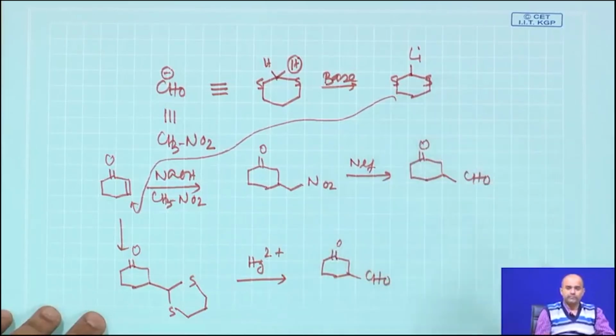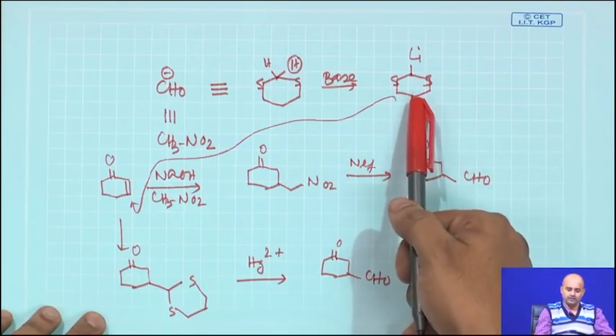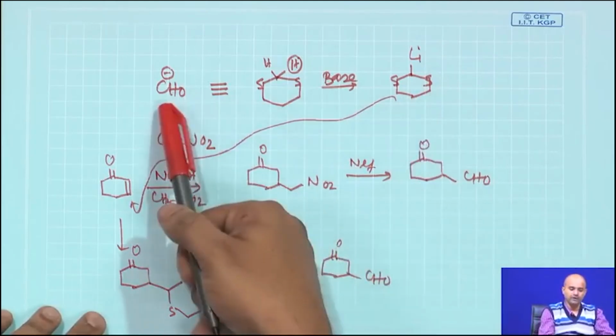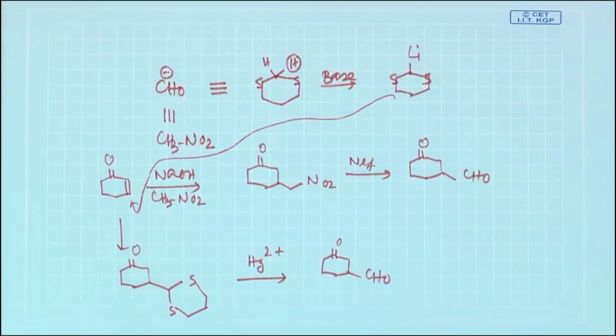So, this formaldehyde dithiane is also a synthetic equivalent of a formyl anion. So, our next couple of problems will be based on this kind of concept, where you can strategically choose a functional group which in reality can be envisioned or constructed through some synthetic equivalents, which in principle are commercially not available, but are very valuable synthetic intermediates.